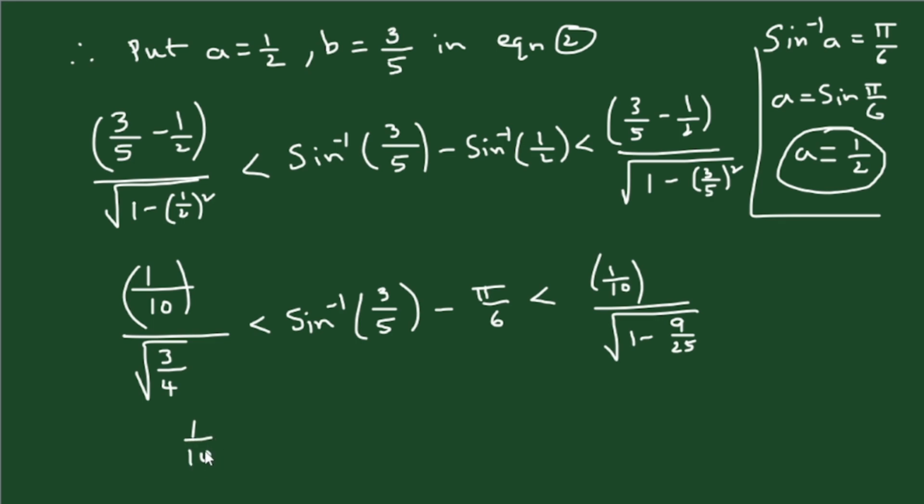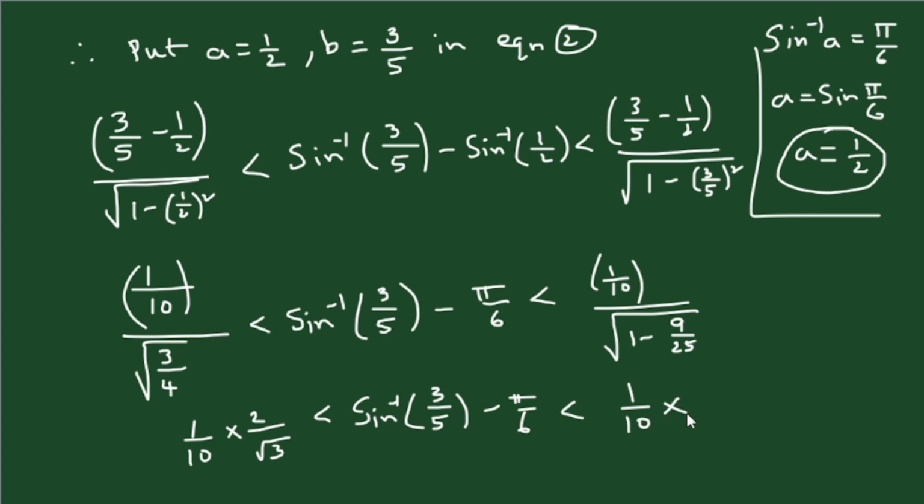So this is 1 by 10 into, you can write root 3 by 4 as root 3 by 2, so in the numerator it becomes 2 by root 3 because root 4 is 2. And this is sin inverse 3 by 5 minus pi by 6 less than 1 by 10 multiplied by, this is 25 minus 9, 16. 16 by 25. Under root 16 by 25 is 4 by 5.